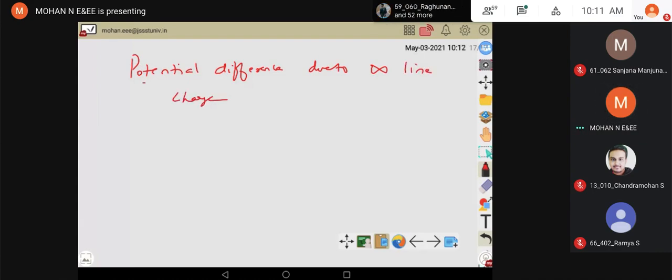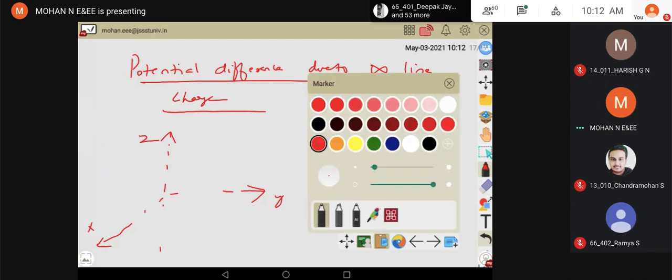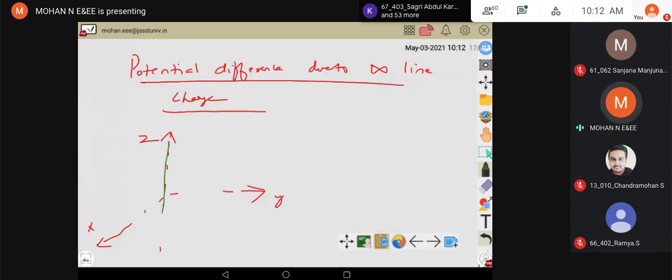So we have got the y-axis, x-axis, z-axis, and I have got an infinite line charge along the z-axis. Okay, and that is rho L coulombs per meter.